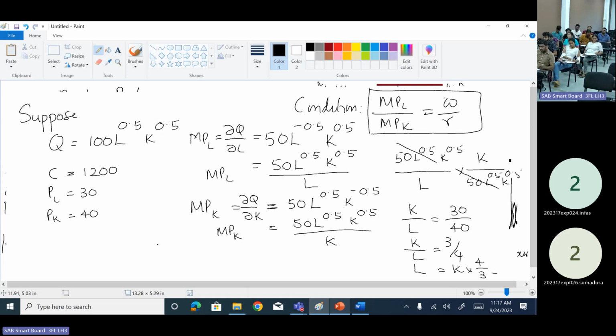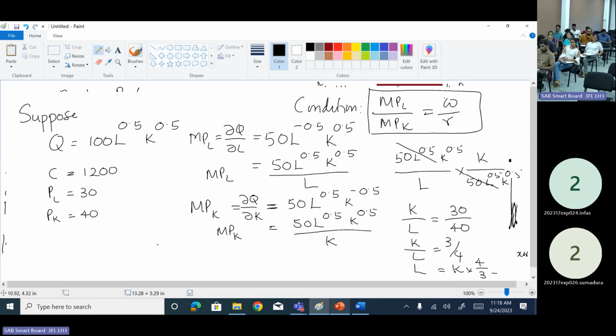So that is the labor function. You take the capital and labor, you can take it right from here.